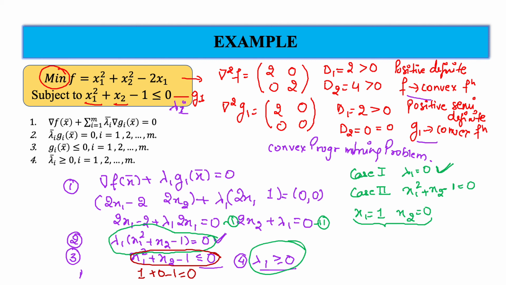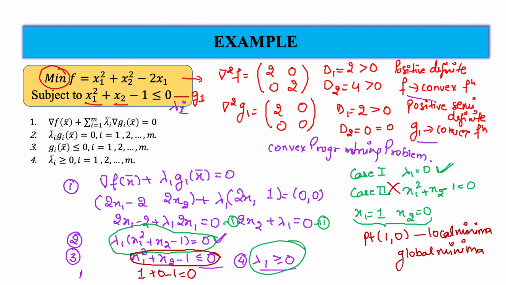All the conditions are satisfied, hence the point (1, 0) is a minimum point. This one solution satisfies all the constraints, so there is no need to solve the other case. So (1, 0) is the point of global minima.